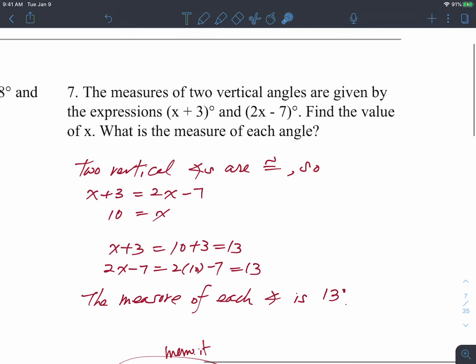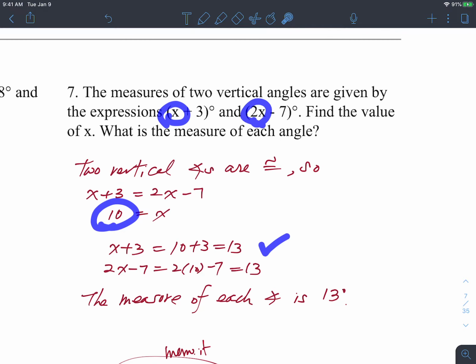And number 7. The two vertical angles are given, and for the same reason, you set them equal to each other. So x is 10. However, this is asking you to find each angle. So you plug the values into each one of them. Add 10 into this, 13. Add 10 into this, that's 20 minus 7, which is also 13. So we're good.